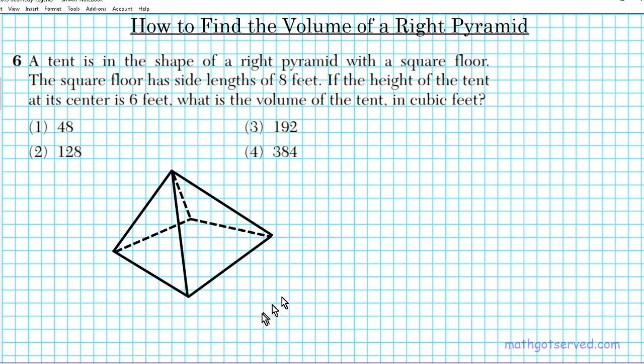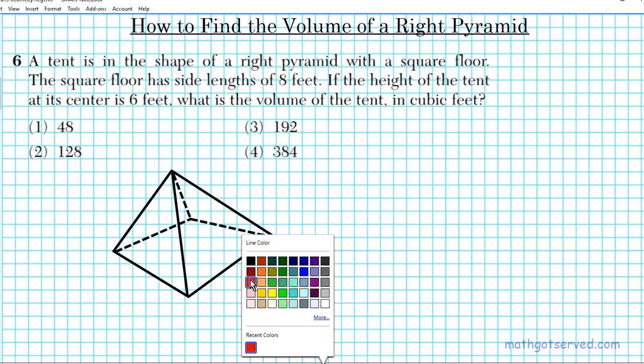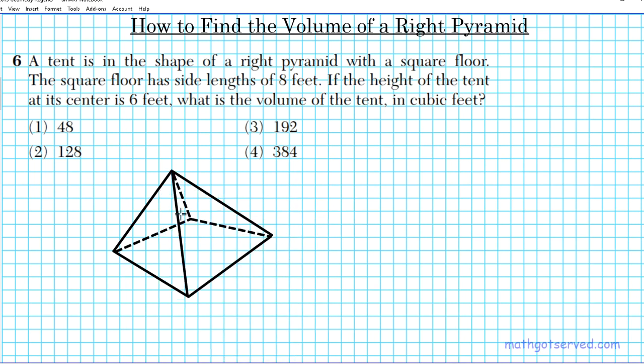Okay, so there goes our square pyramid, and what's cool about the square pyramid is that the height, the altitude of the pyramid, goes right to the center. If you look at this right here, this angle is going to be 90 degrees.